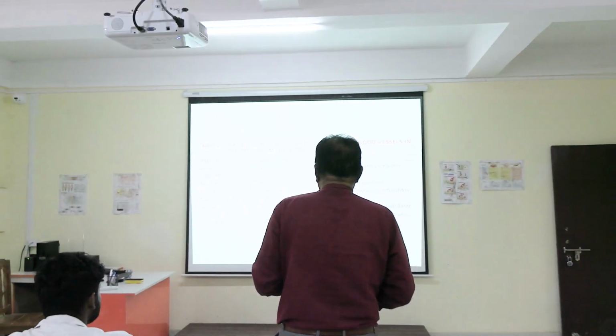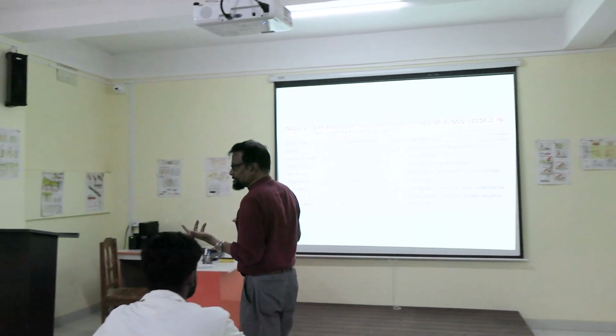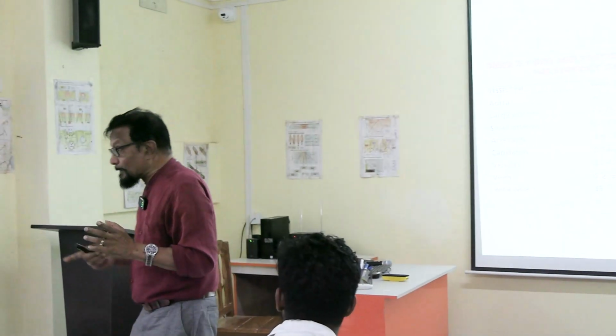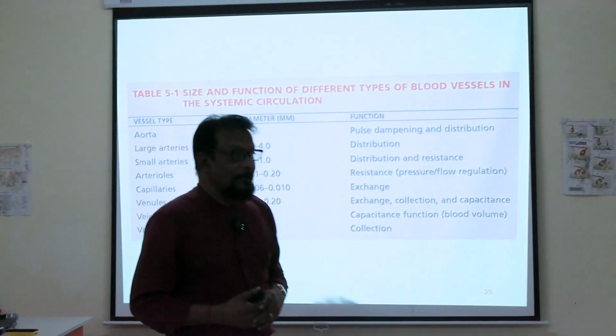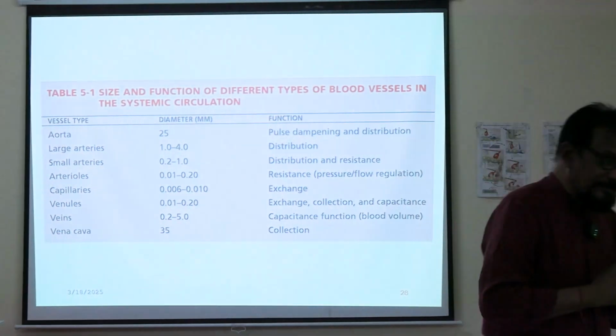Large arteries are for distribution of blood. They will decide how much blood goes to the liver, how much to the GI tract, how much to the spleen, how much to the kidney, and how much to the brain. They will be distributing. And resistance: the function of the arterioles is to create resistance.